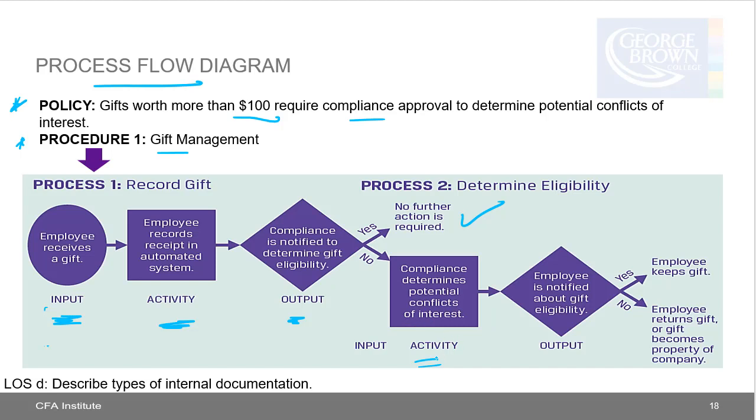So compliance determines potential conflicts of interest, and the output here is the employee is notified about the gift eligibility. And so you can see, yes, it's approved and the employee can keep the gift, or no, the employee returns the gift, or the gift becomes property of the company, okay?